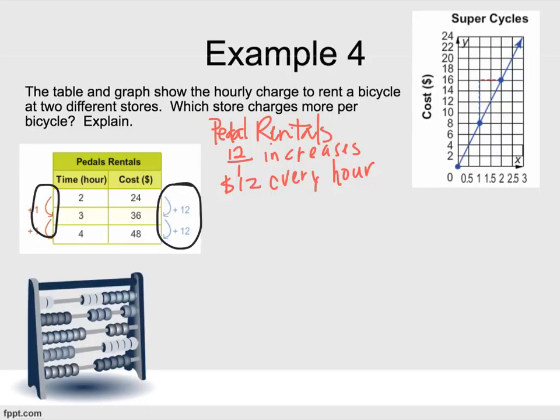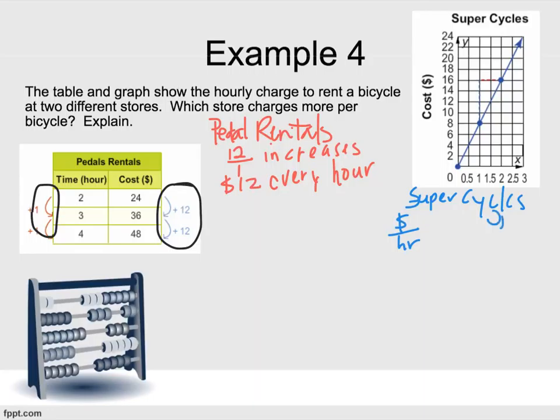So if we look at Supercycles, we can say that the cost increases by, we've got to take our x and y, so we're going to do money per hour, and we'll take our 2 points, so let's use 0, 0, and 1, 8.